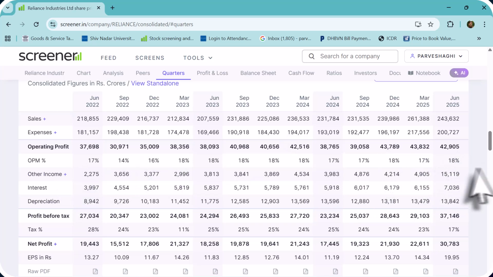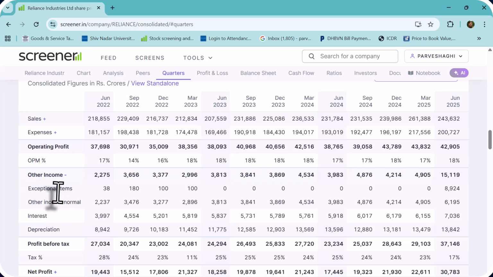If you look at the other income, there is 15,000 of other income, as against a normal other income of 4,000 a quarter. If you go here, exceptional items are 8,924 crores of other income. It's a big chunk.